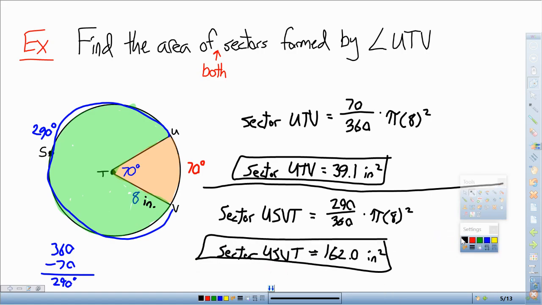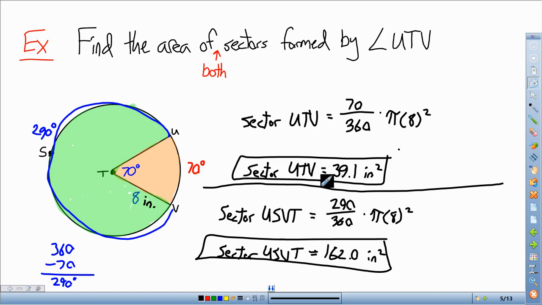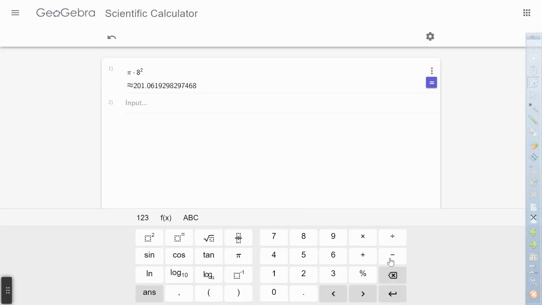Really quick, I'm just curious. If I were to find the area of this whole thing and subtract this, I should get basically the same answer. I just want to try it real quick. Finding the area of this, pi r squared, is really easy. Pi 8 squared. So let's see what the area of the entire circle is. Pi 8 squared, it's 201.06. So if I subtract 39.1 from that, minus 39.1, see, this is weird.